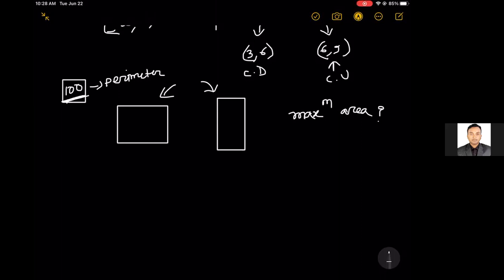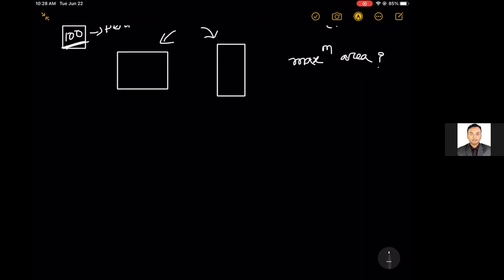If you have a different shape, let's say a square. If you have a square, let's say like this, it's 25 everywhere.